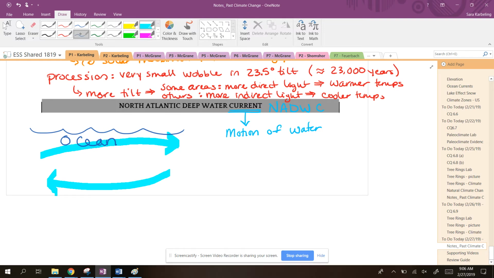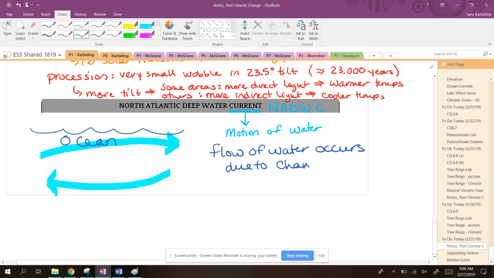Now, this flow of water occurs due to changes in our old friend density. What do you remember about density?